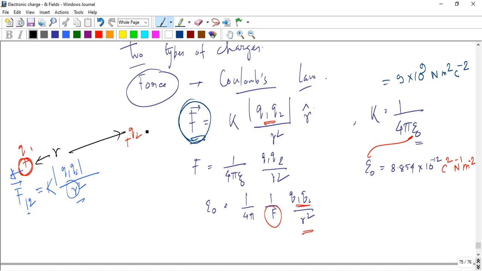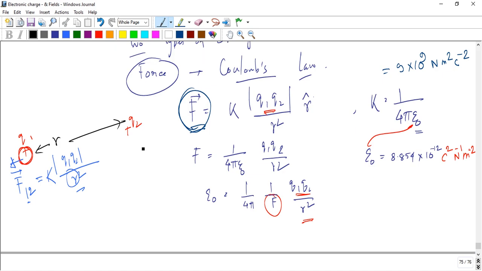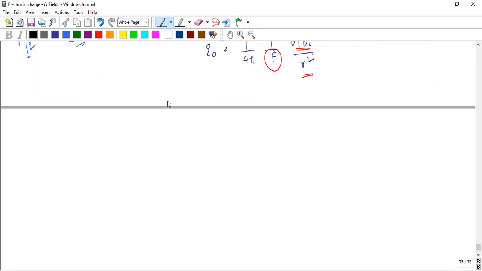Okay, and another concept is called the superposition principle. Coulomb's law also satisfies the superposition principle, meaning the algebraic sum of all forces. Suppose there are charges Q1, Q2, minus Q3, plus Q4, minus Q5.